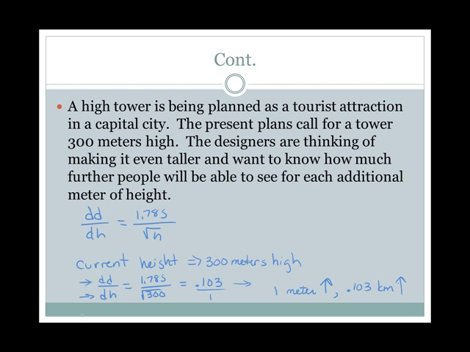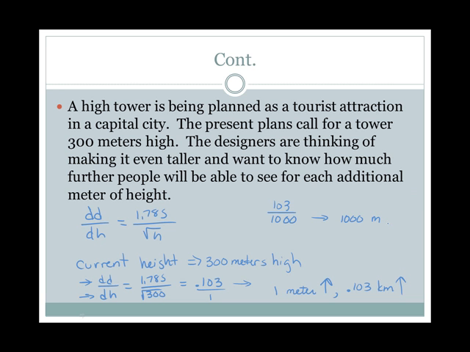Or I could have written that as 103 over 1,000, which says for every 1,000 meters that I go up, I can see 103 kilometers further. So you can either put it over 1 and talk about your change per 1 unit of increase, or you can write it as a fraction.